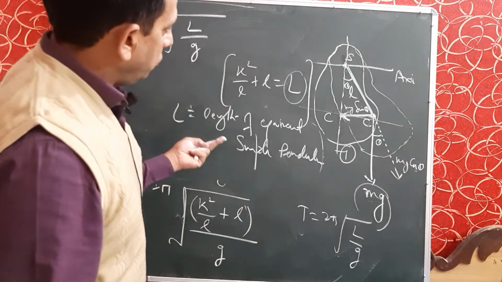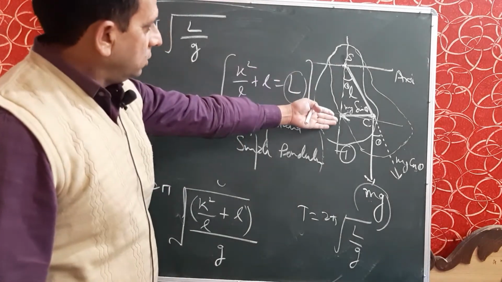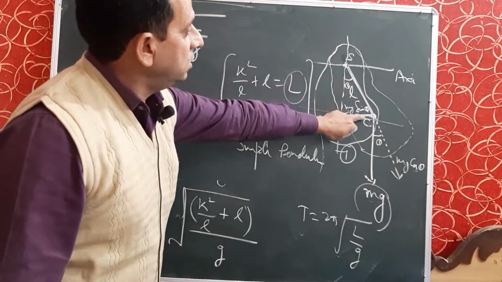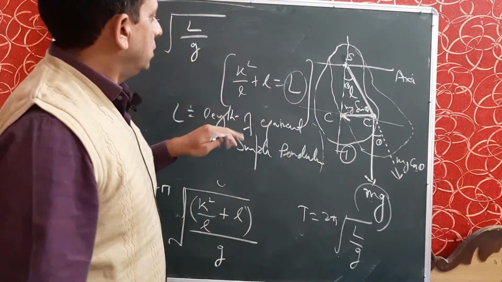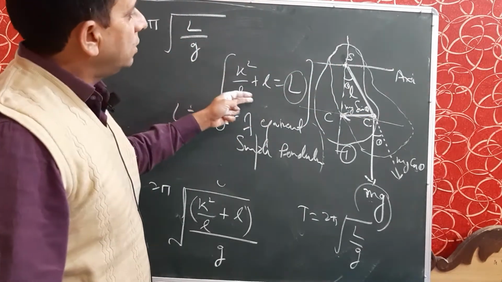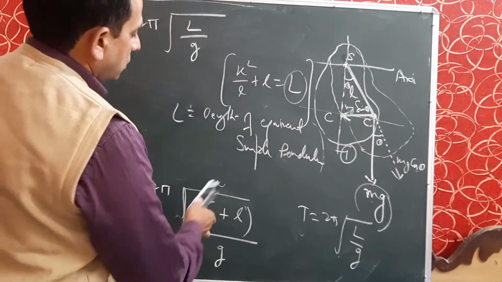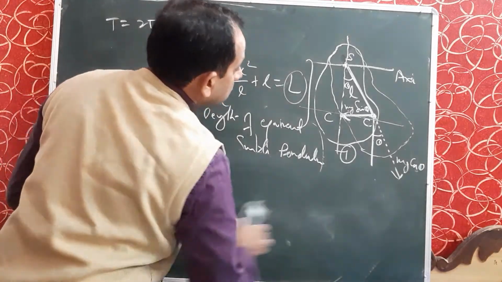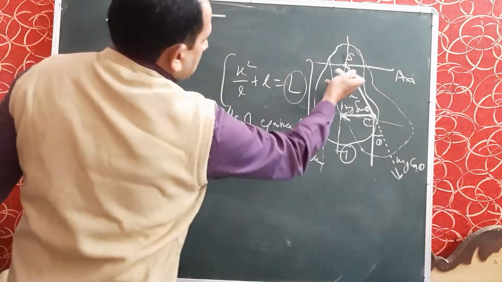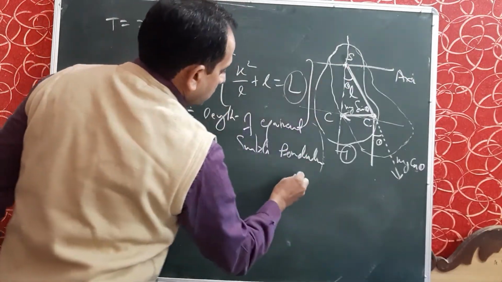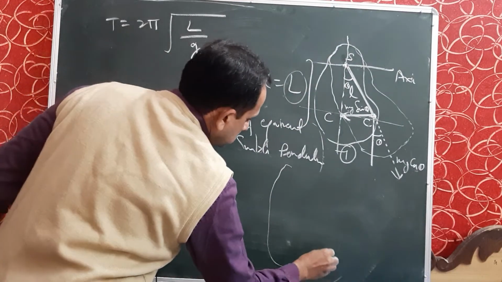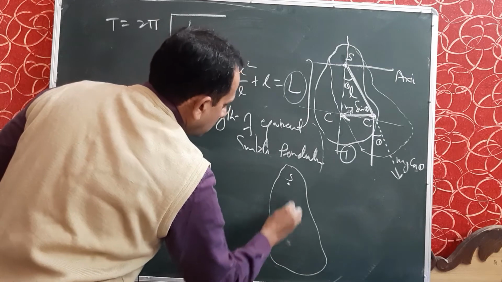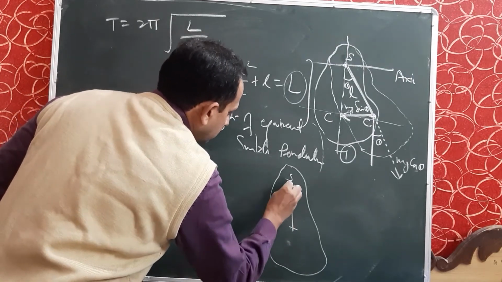So in the proof for this compound pendulum, we have taken only SC, that is small l, as the length, but from this formula it is clear that it is not just l. So we will consider the equivalent length. In the diagram, S is the point of suspension, C is the center of mass, and SC is small l.